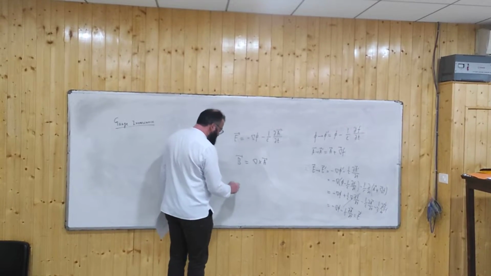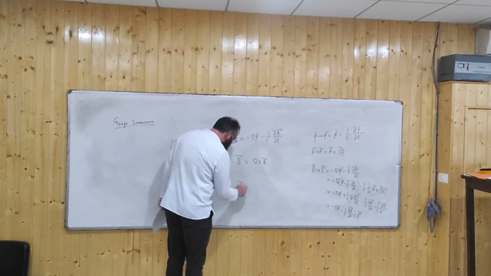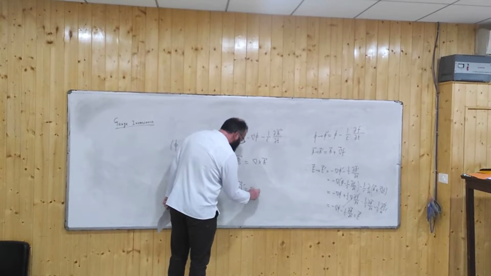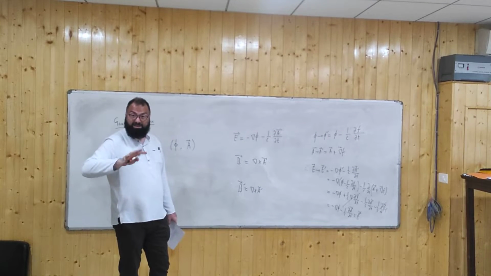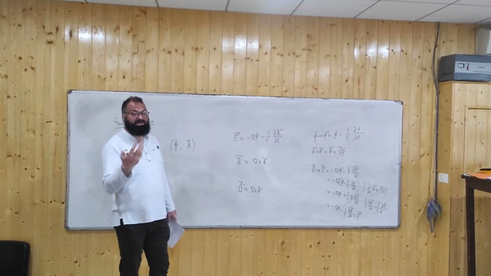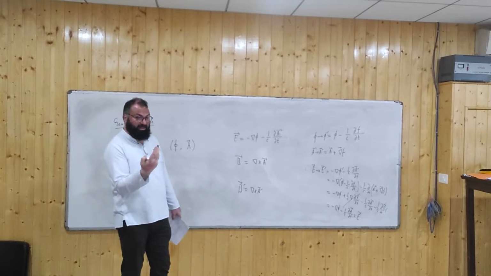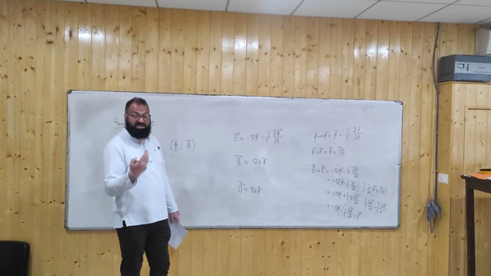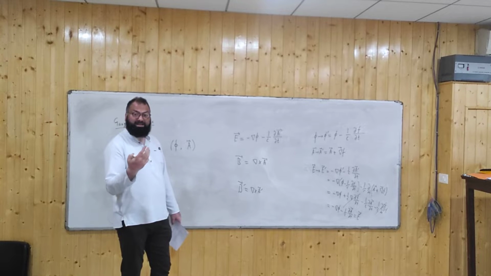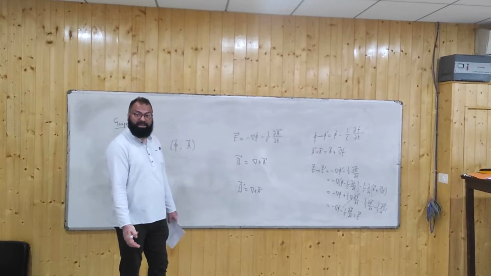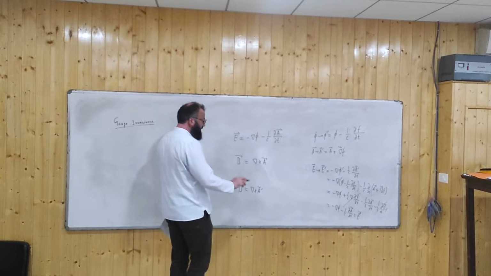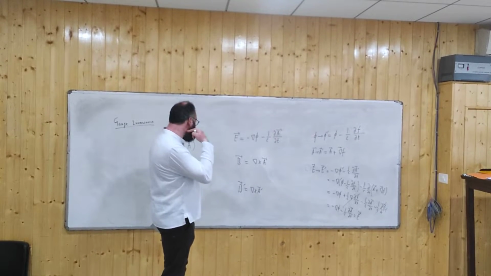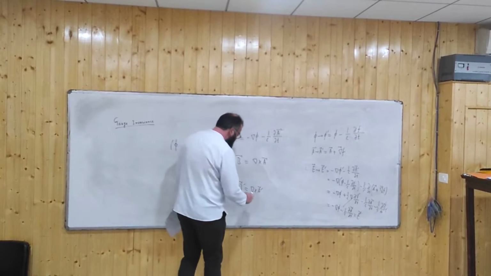Similarly, now let's take this B. So B prime will be simply what? I am changing only the fields at a given space-time point. I am not changing the coordinates. So it means it is some kind of intrinsic symmetry at that very point, or the intrinsic symmetry for the field defined at a given point. When we take up Noether's theorem, it will be very clear what exactly these things mean.